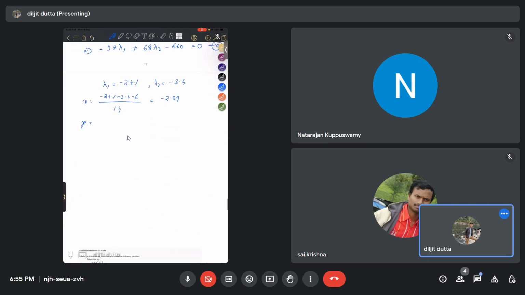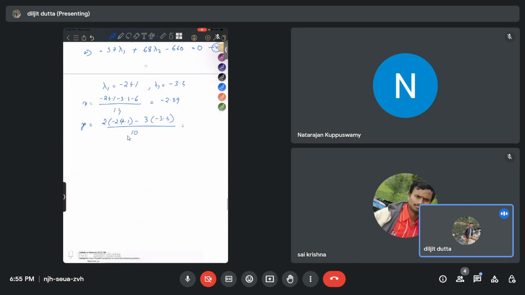And y is equal to what? 2 lambda 1 minus 3 lambda 2, so 2 into minus 24.1 minus 3 into minus 3.4, divided by 10.